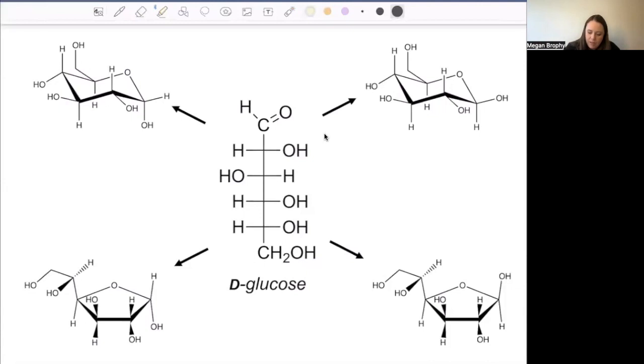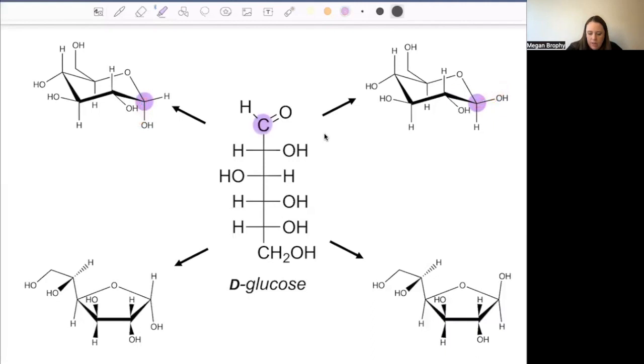So for D-glucose, there are 2 different 6-membered rings that can form. We have one where the hydroxyl group is going down, and one where the hydroxyl group is up. I know here it looks more flat, but it is actually going up. So one is very clearly down and one is slightly up in this case, and we still call it up.